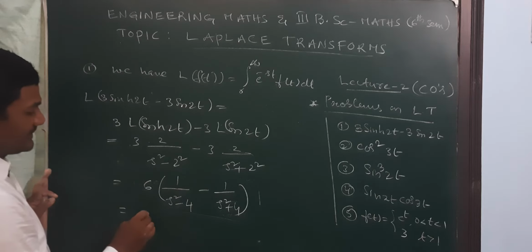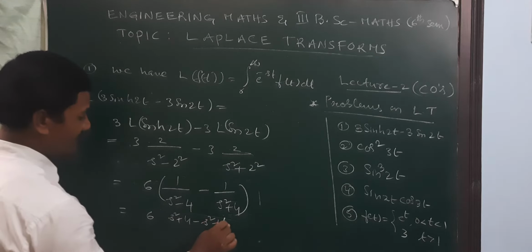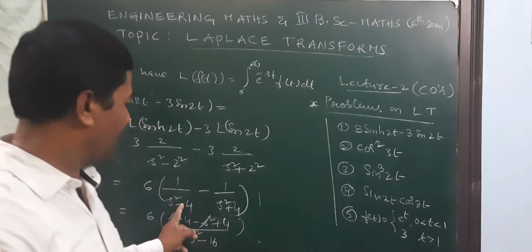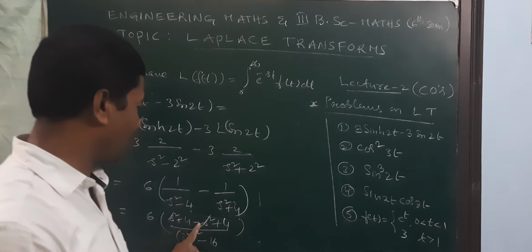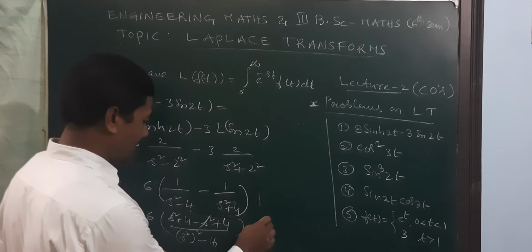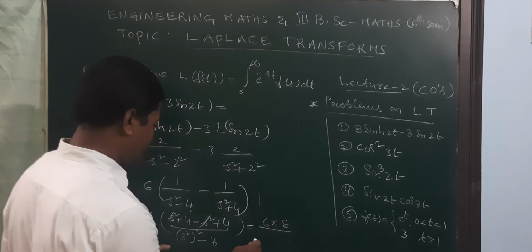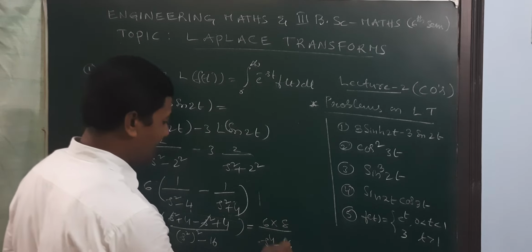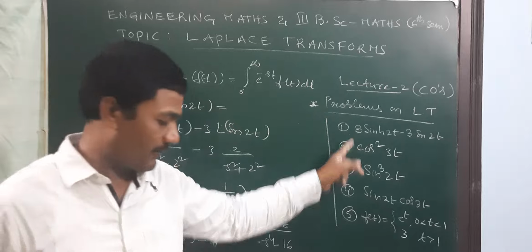The LCM is the product, s square plus 4 minus s square minus 4, using the identity a plus b times a minus b equals a square minus b square, so s power 4 minus 16 in the denominator. It simplifies to 6 into 8 by s power 4 minus 16. This is the final value of the first problem.